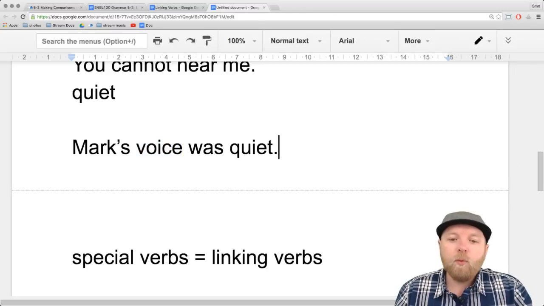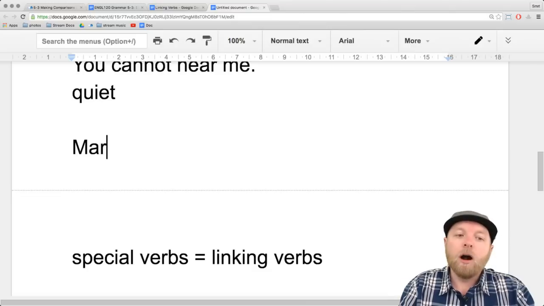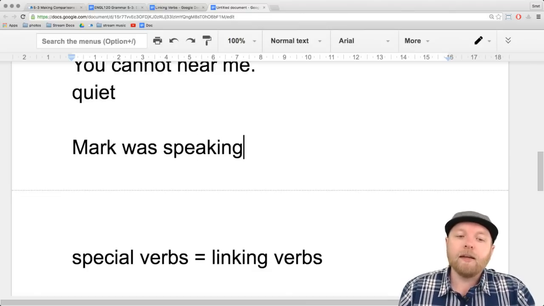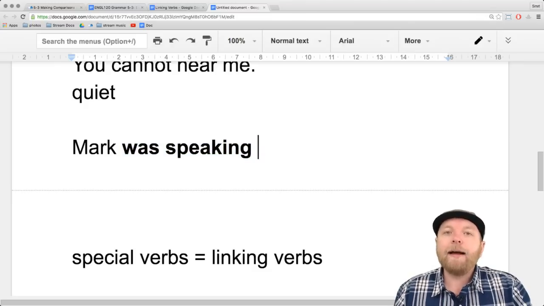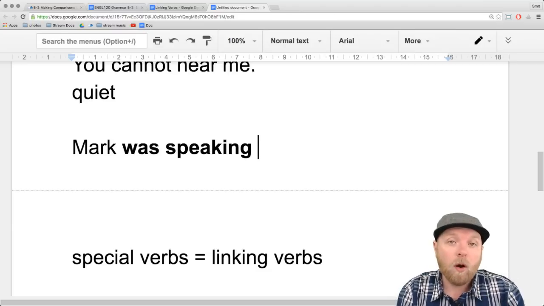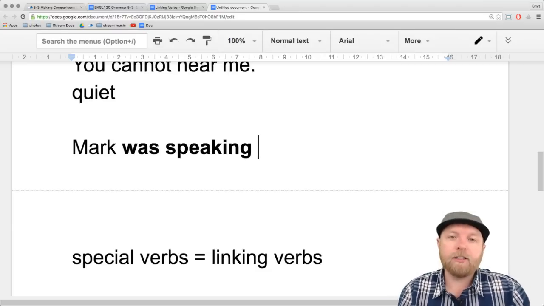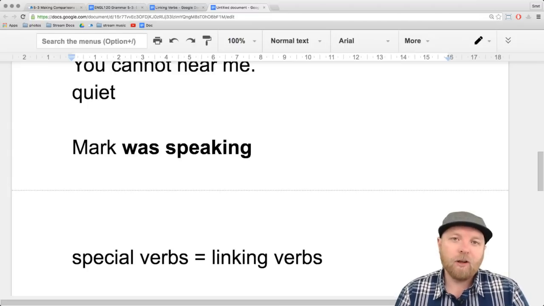But if we want to describe Mark's action, Mark was speaking, this is an action, right, guys? If I want to describe how Mark was speaking, I need an adverb of manner, okay?